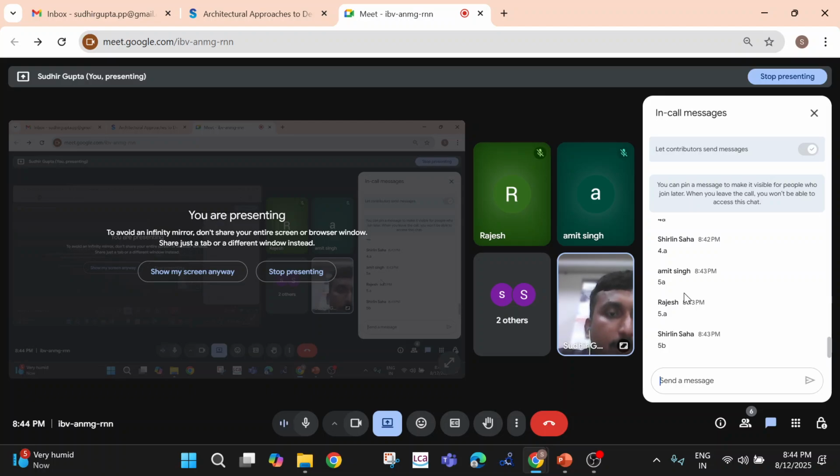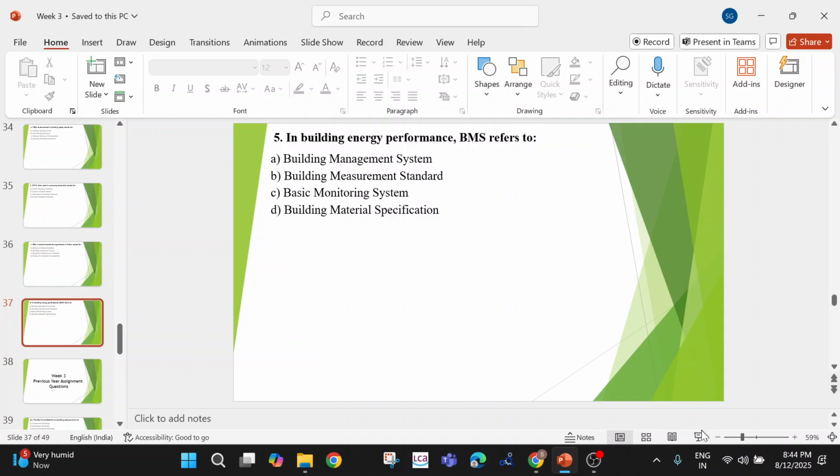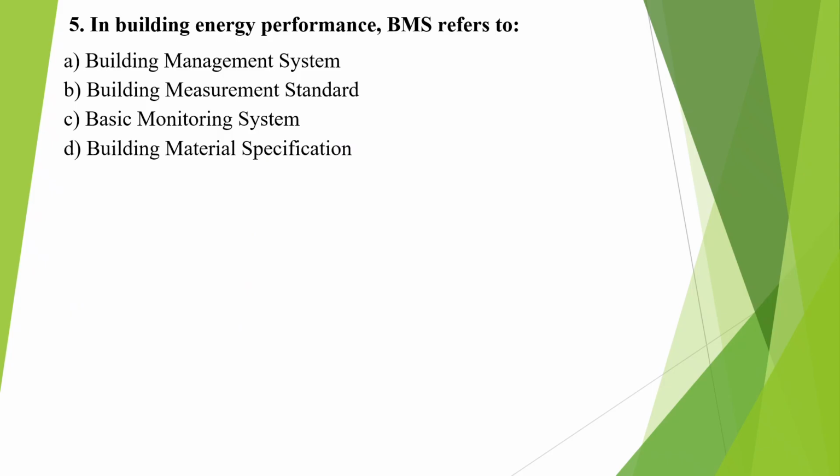As I can see, option A was opted for by most of you, and one of you opted for option B. From the options you can discard many, but whoever has opted option B, this is the incorrect one. Option A is the correct answer for this question.